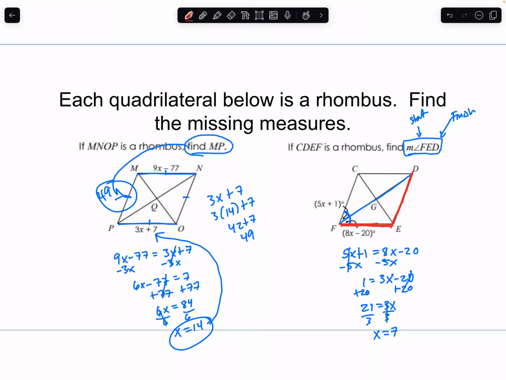What is that total going to be? Well, to do this, I'm going to plug x into what I already know. I can plug x in here and in here. When I plug it in there, I'm going to get 5 times 7 plus 1.